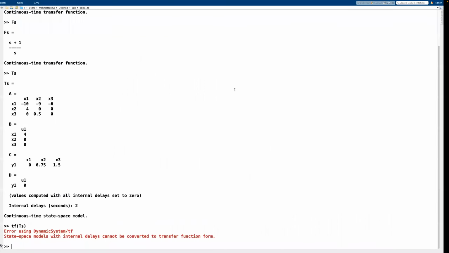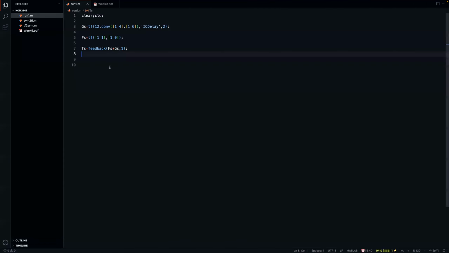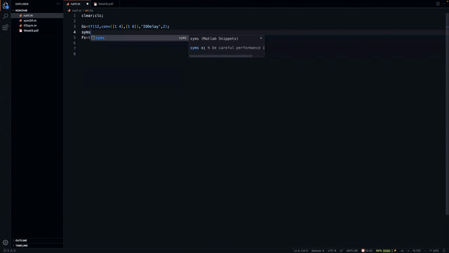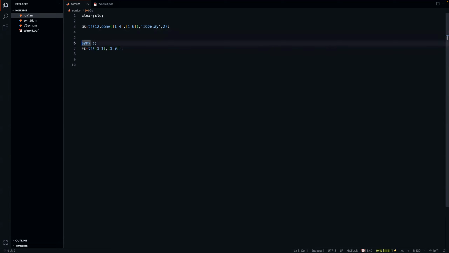Let's try to use a bit more powerful tool that we have, which is basically the symbolic toolbox. Let's try this again. Now, GSS is going to be 12 divided by (s plus 4) times (s plus 6) times exp(minus 2 times s).